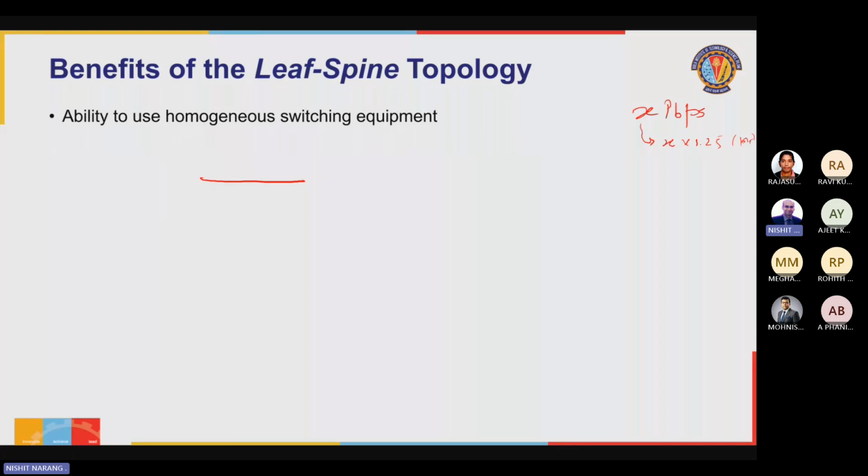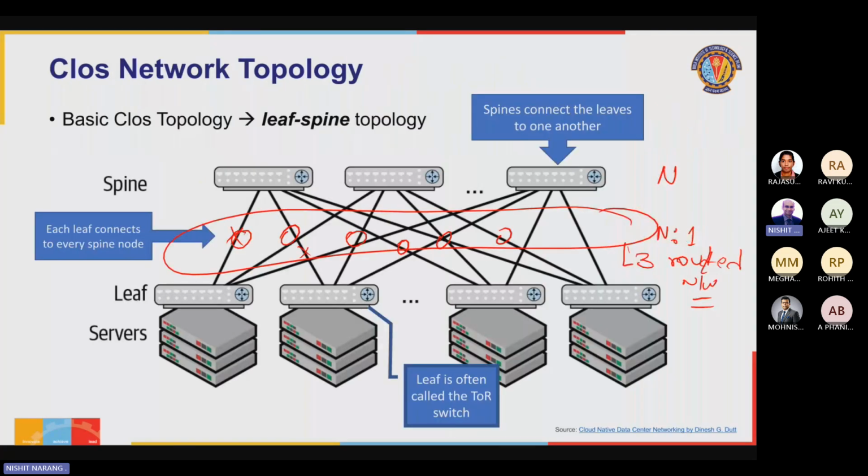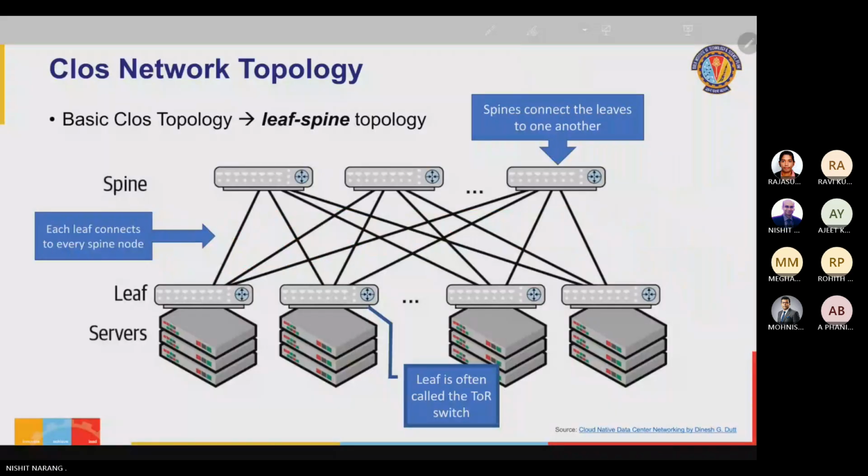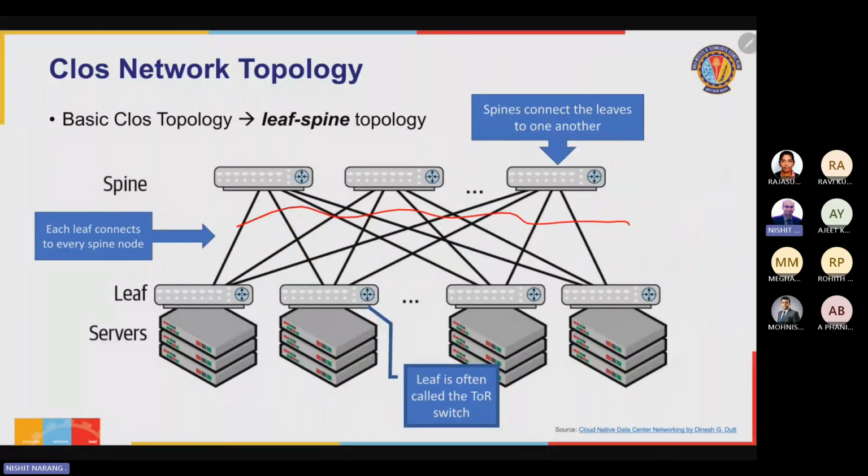But what is the network bandwidth? If I have to say what is the network bandwidth between any pair of servers, think of this as a cloud. Every spine connects to every other switch. The collective bandwidth of all these interconnected links is the network bandwidth.